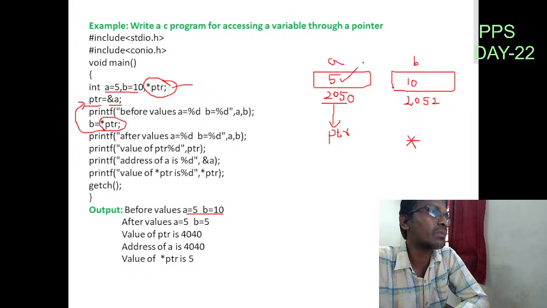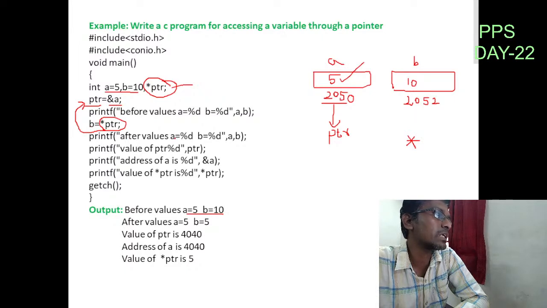That value will be assigned to b. I hope you understand what I am saying. At address location 2050, the value of a will be assigned to the b variable.